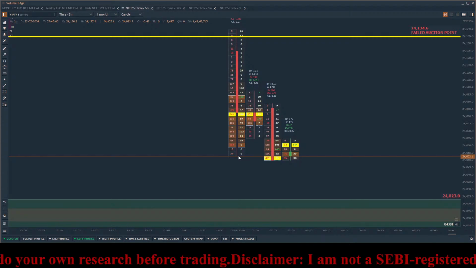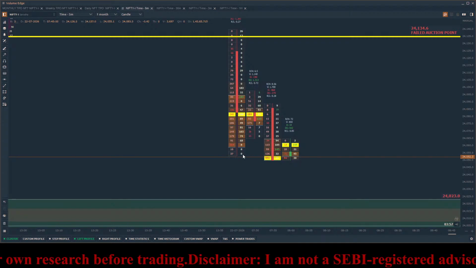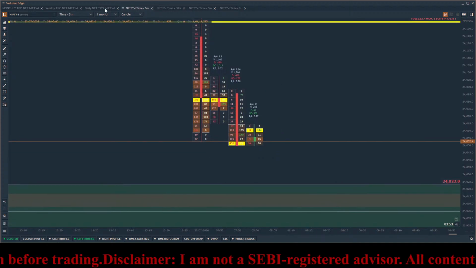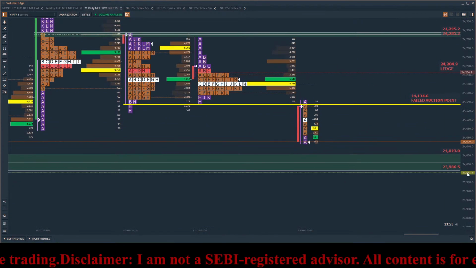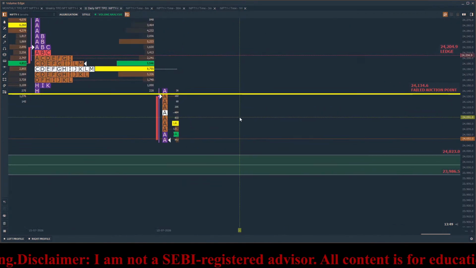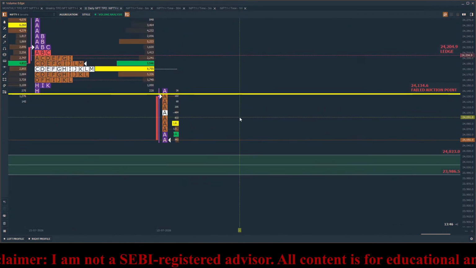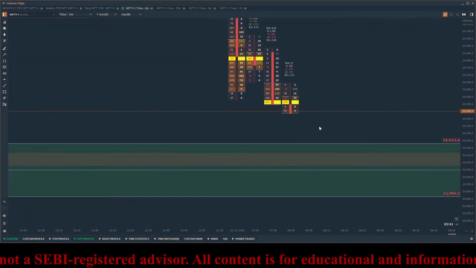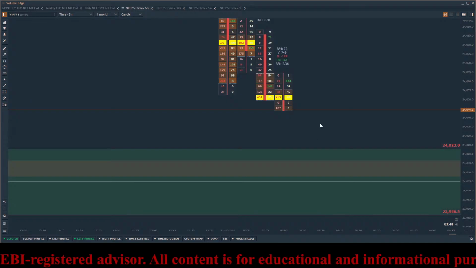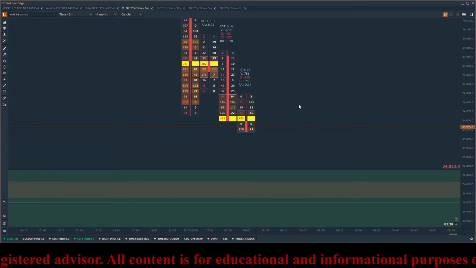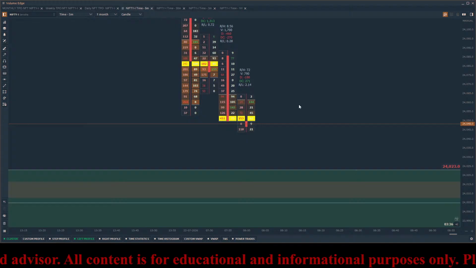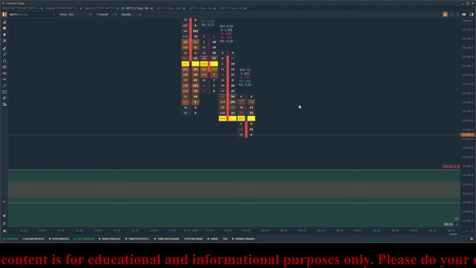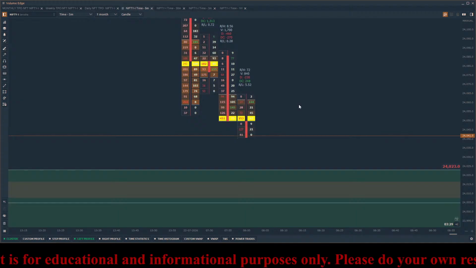I think today the first 5-minute candle has been crossed and it has kept this place. We will find some seller exhaustion in this place, and then we will try to trade on that location.